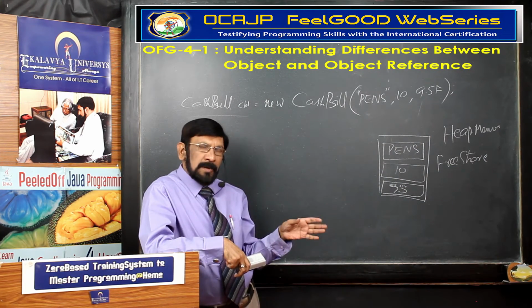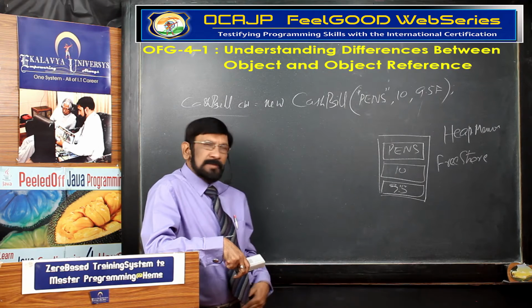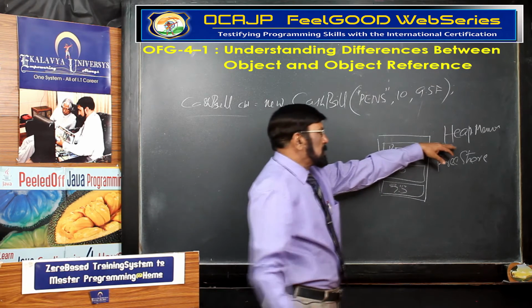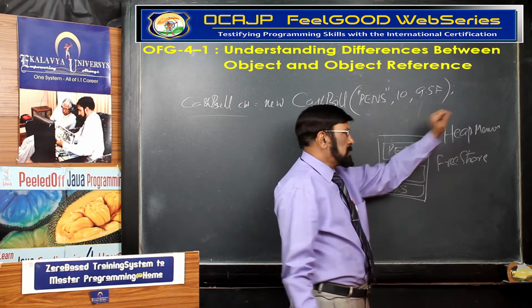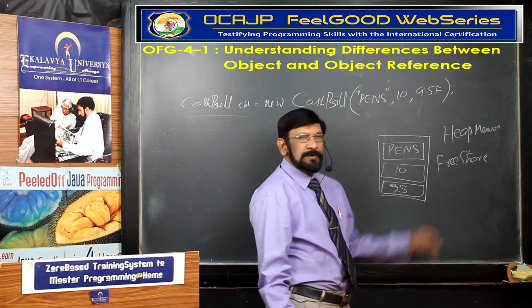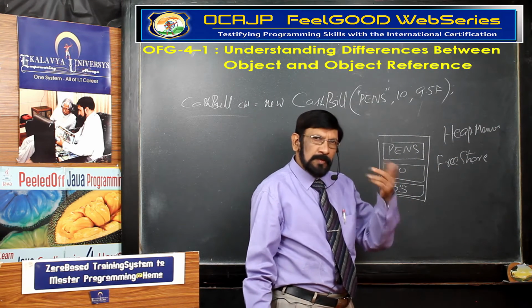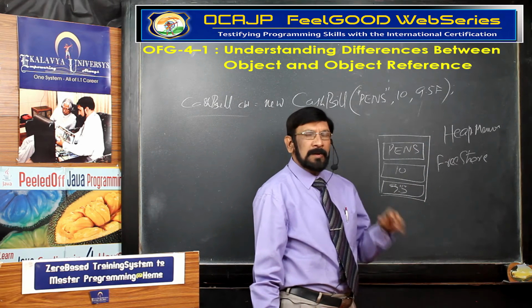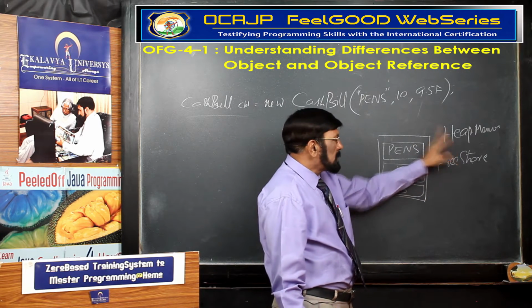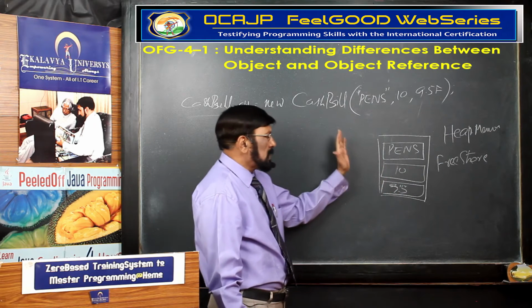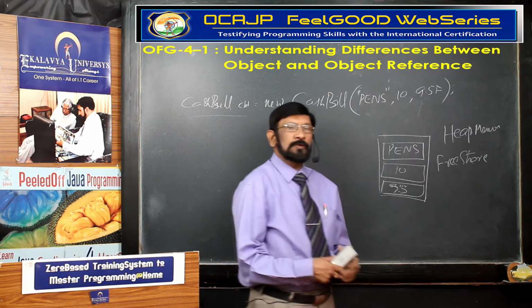You must learn all those names. Otherwise, you are confused. Suppose you know about heap, but you may not know free store. Then, even though you know the answer, you cannot give it. So that is the thing. This is known as heap or free store.